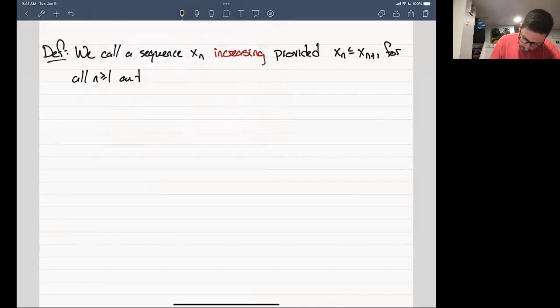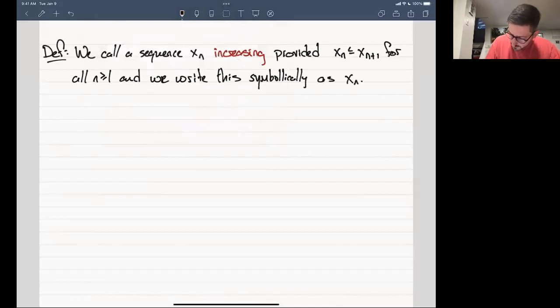And we write this symbolically as xn and then an up to the right arrow, right? So you can think of these xn's as sort of moving up the ladder in some sense.